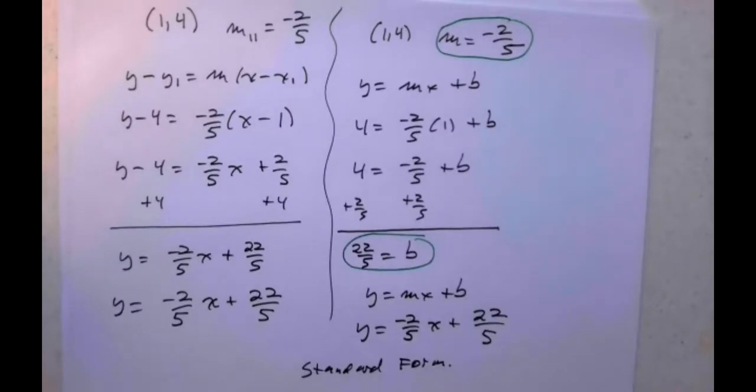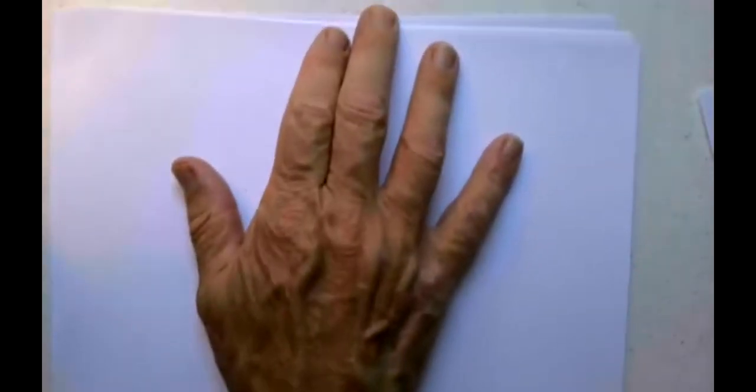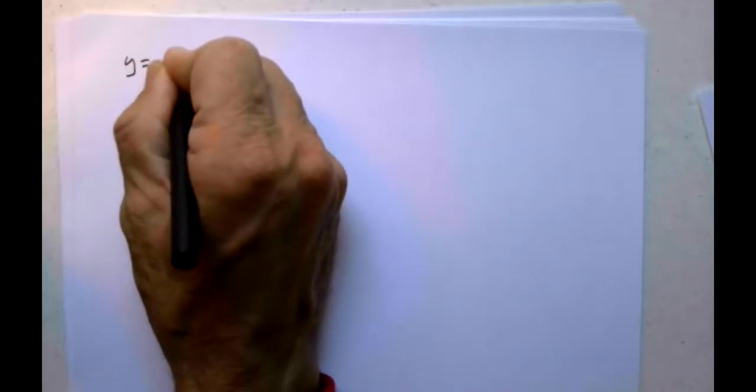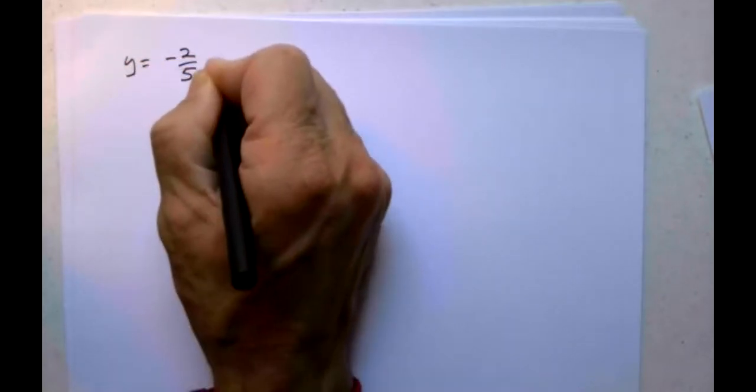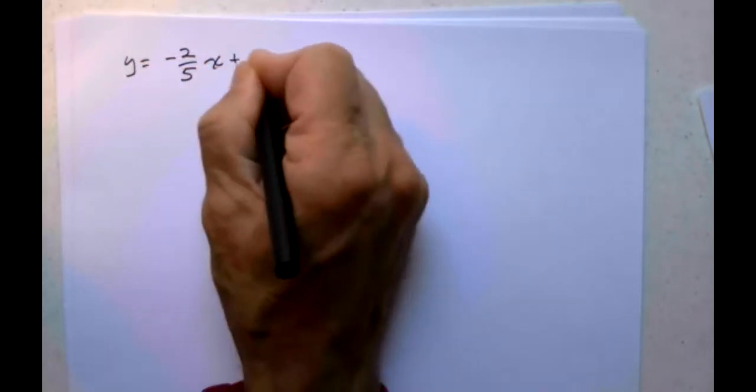So let's copy this equation in slope-intercept form and rewrite it in standard form: y equals negative 2/5 x plus 22/5.